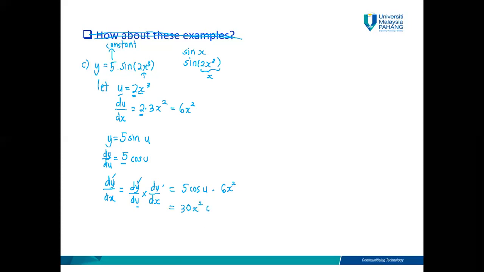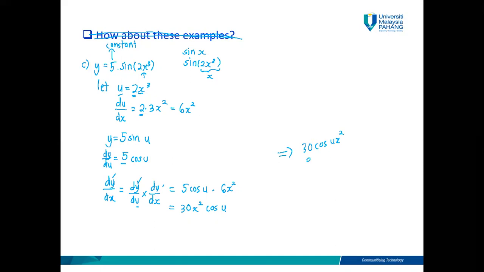So jadinya 5 times 6, 30x square cos u. Okay, bila you ada trigo function, you kena letak trigo function dekat belakang sekali, supaya dia punya function tidak dipengaruhi oleh function lain. Sebab apa? Ada student bila dia tak biarkan trigo function dekat belakang sekali, nanti dia tulis 30 cos u x square.